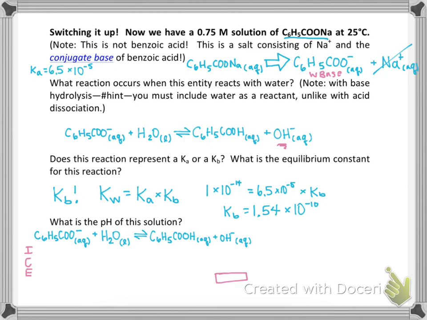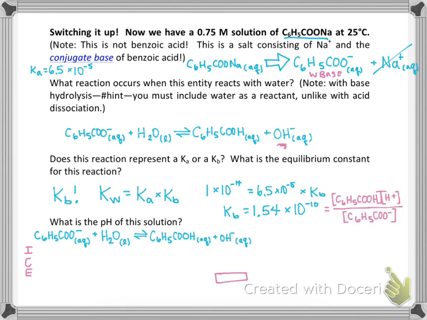Okay, so now we have our ice table set up with our base hydrolysis reaction. What we're going to solve for here is our equilibrium concentration of hydroxide. We'll use our Kb to do that, and our Kb expression is going to be equal to our aqueous products over our aqueous reactants. So we're not going to include water in this expression. We're going to treat it as if its concentration is 1.